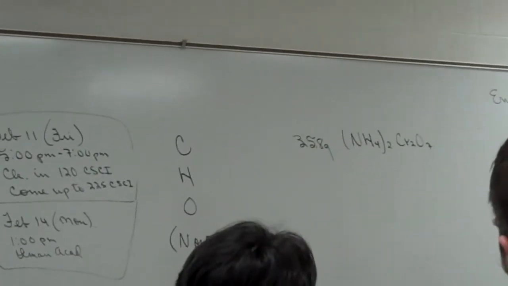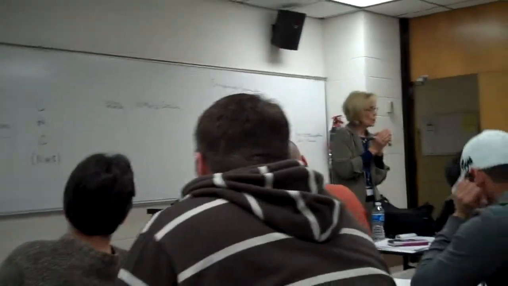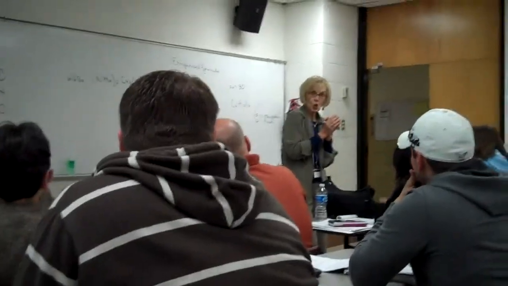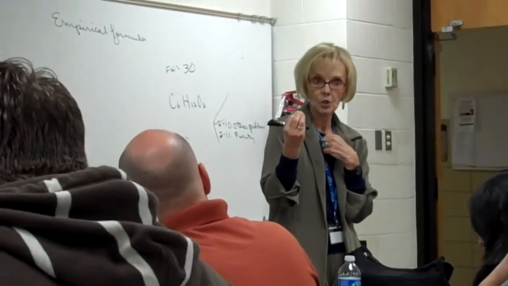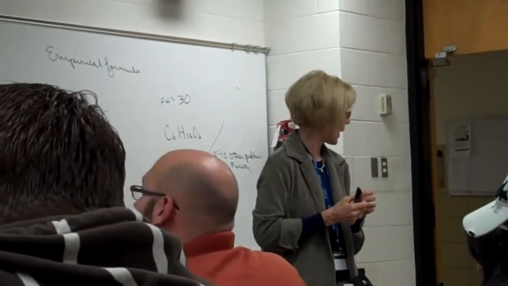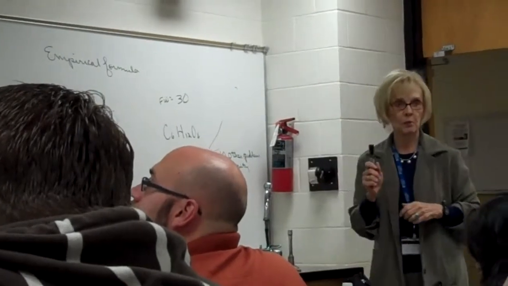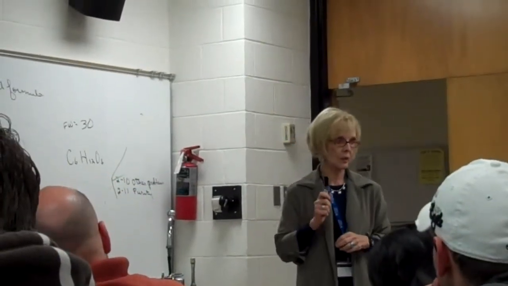We have this source, we have this mineral that is ammonium dichromate. We want to know, if we rip it apart totally, how much of the pure chromium metal could we get out of that? So here's what I would recommend. I think this is by far easier than the book.